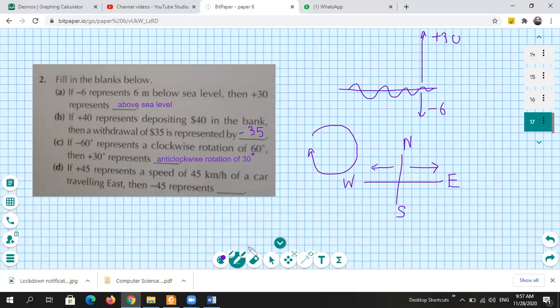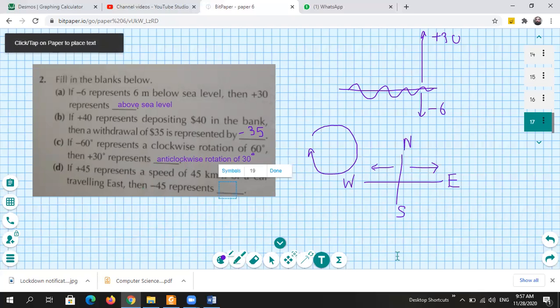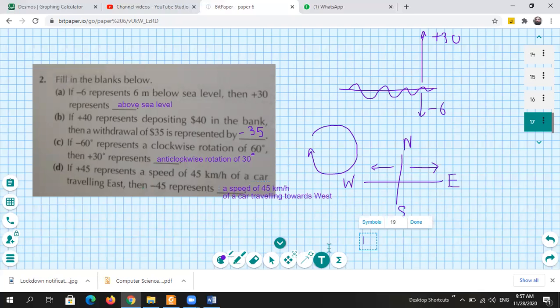So minus 45 represents, I'm writing here, a speed of 45 kilometers per hour of a car traveling towards west. So this question is completed.